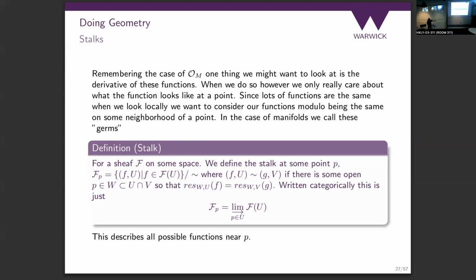This is incredibly useful for differential geometry, for example, because if you want to find the derivative of a function, you only really care about what happens near a point. You only care about the local behavior. So when you're finding the derivative of a function, you only care about the germ, which is an element of this stalk.